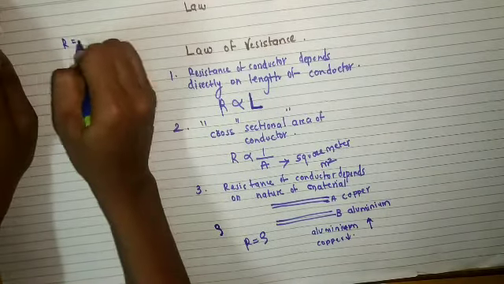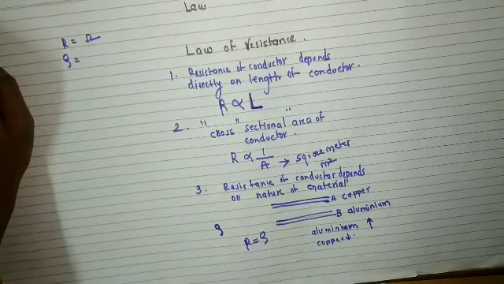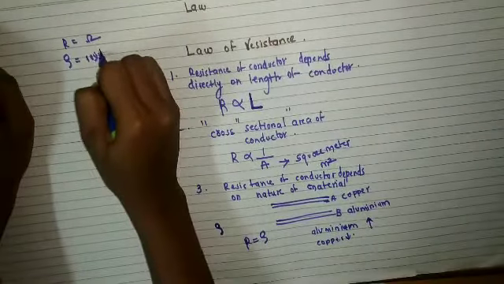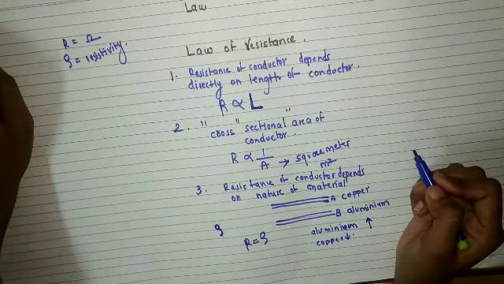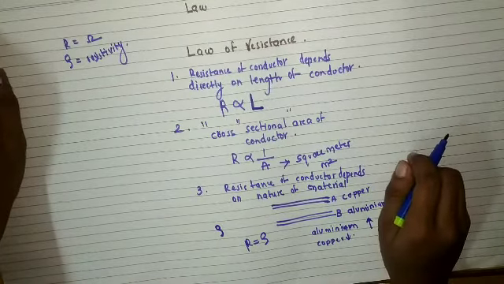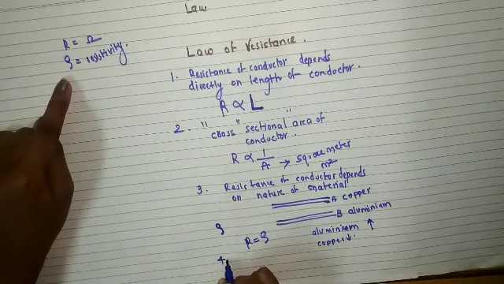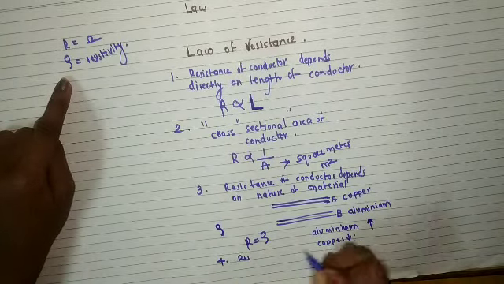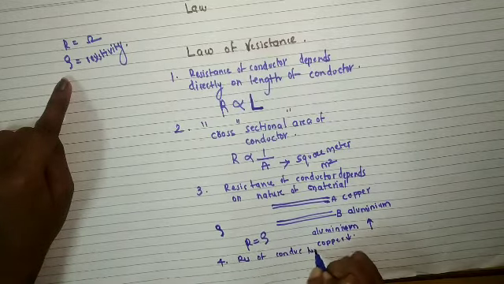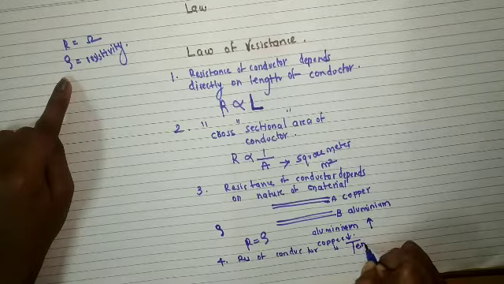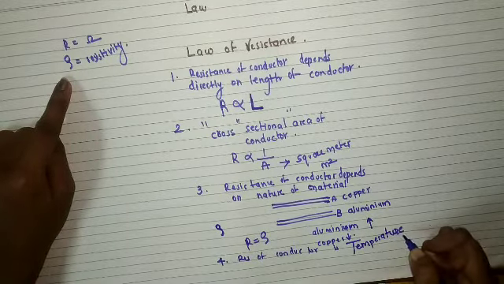R is the resistance in ohm, and rho is the resistivity of the material. One more point: the resistance of a conductor is also affected by temperature.